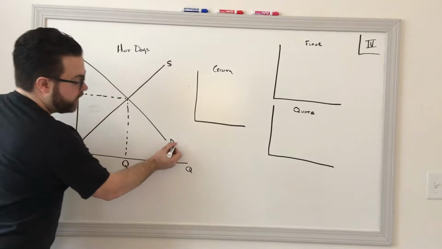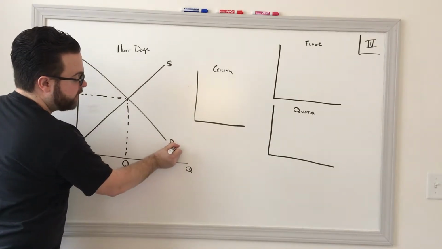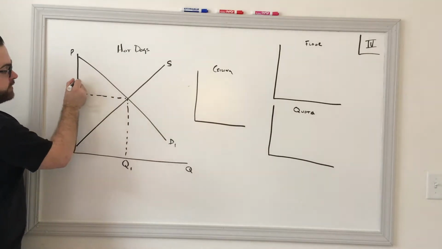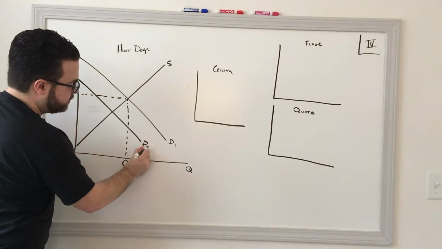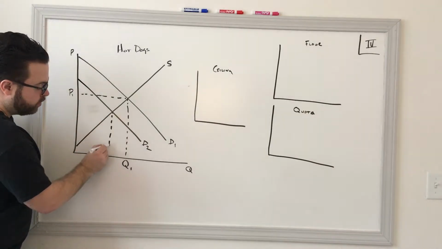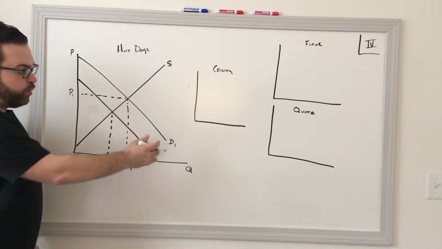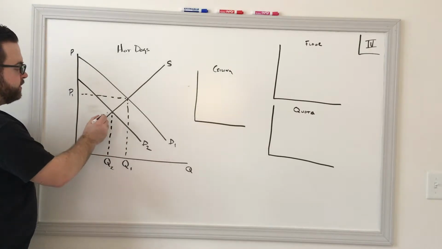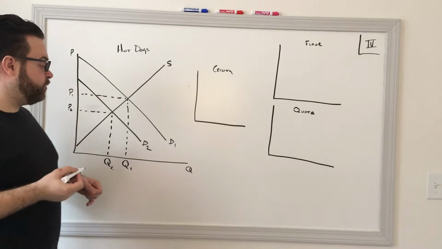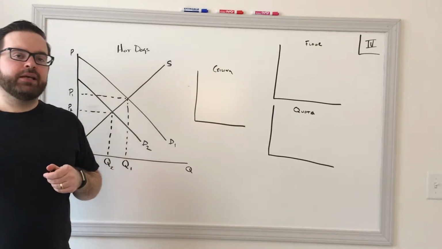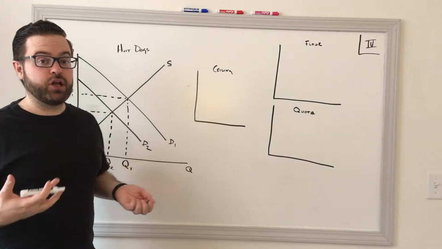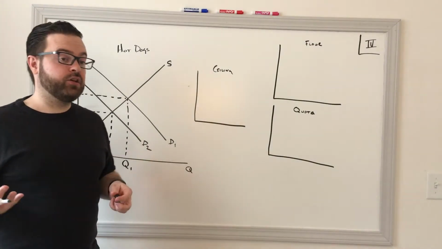So I'm going to see a shift, and notice I'm going to label the original demand curve 1. We're going to see a shift to the left, or a decrease in demand, to demand curve 2. And that brings us to a new quantity. Notice it's lower because we have a lower demand for it and a lower price at the new equilibrium. Because if sellers still want to sell hot dogs because demand is lower, what do they need to do with the price? They need to lower it.